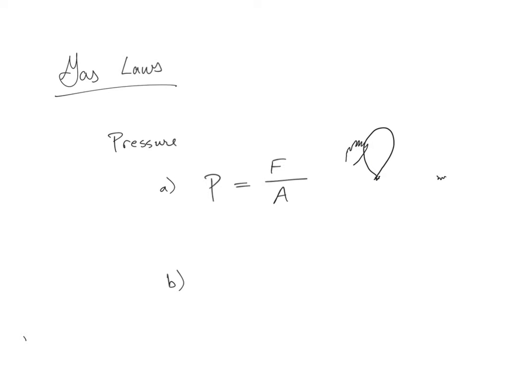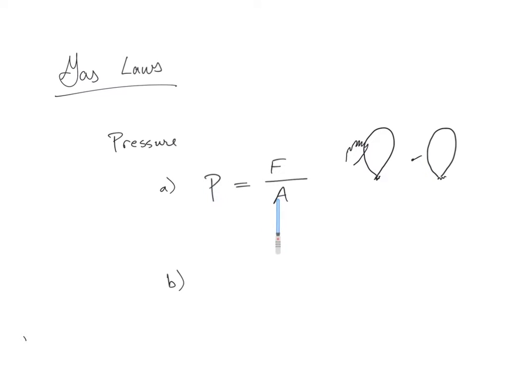However, if you have a balloon of the same size, and you bring a pin close to the balloon, and you push with the same amount of force that you pushed with your hand. The forces are the same, but the area pushing on the balloon is so much smaller, and that really increases the pressure.